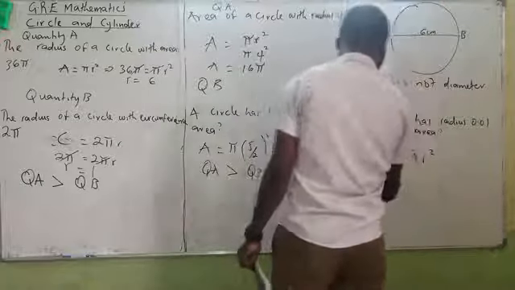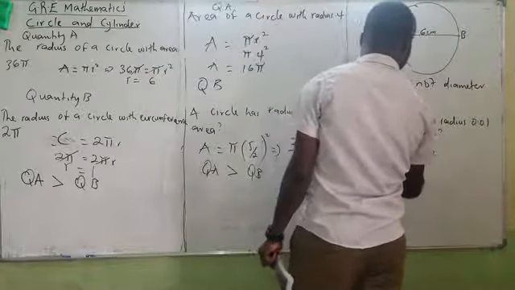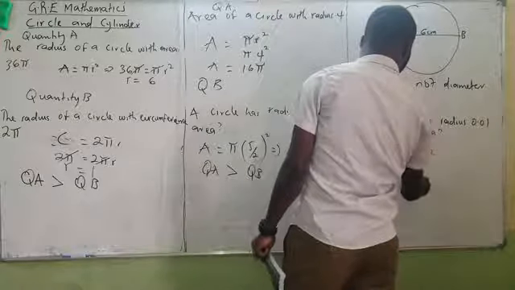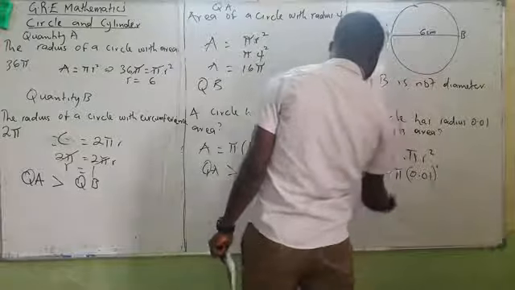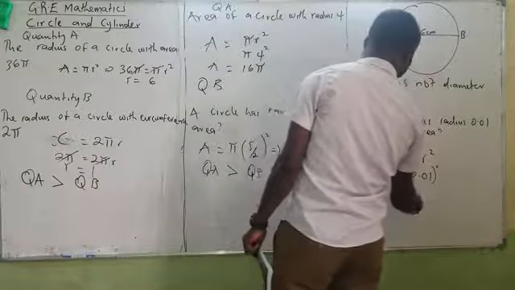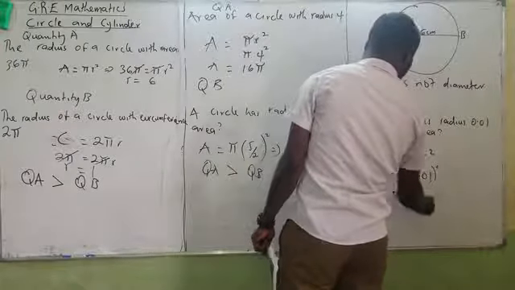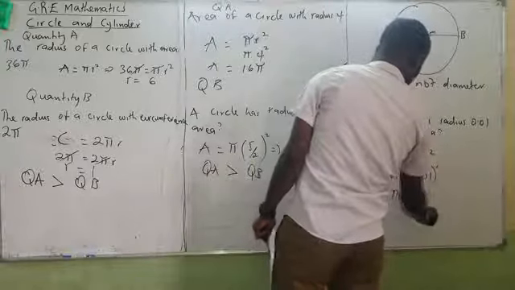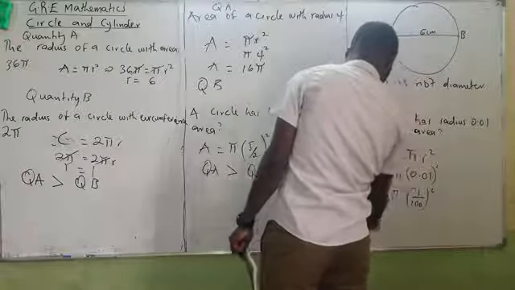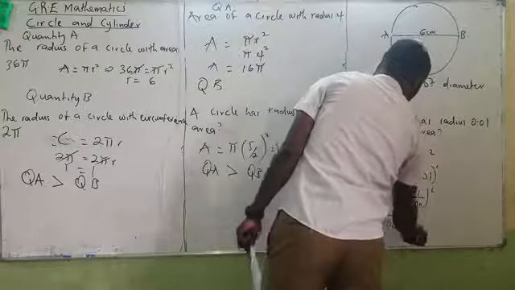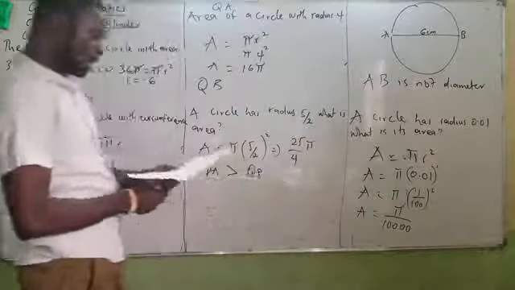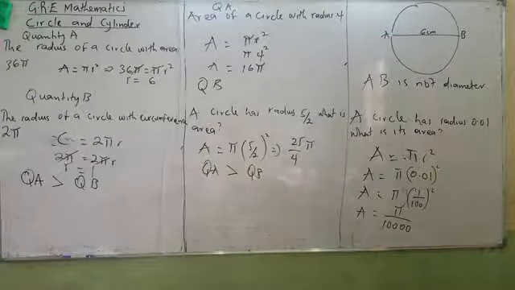It means I'll be having pi times 0.01 squared. Now, I can reduce this number by having pi multiplied by 1 divided by 10, all squared, which is my area will be equal to pi over 10,000.